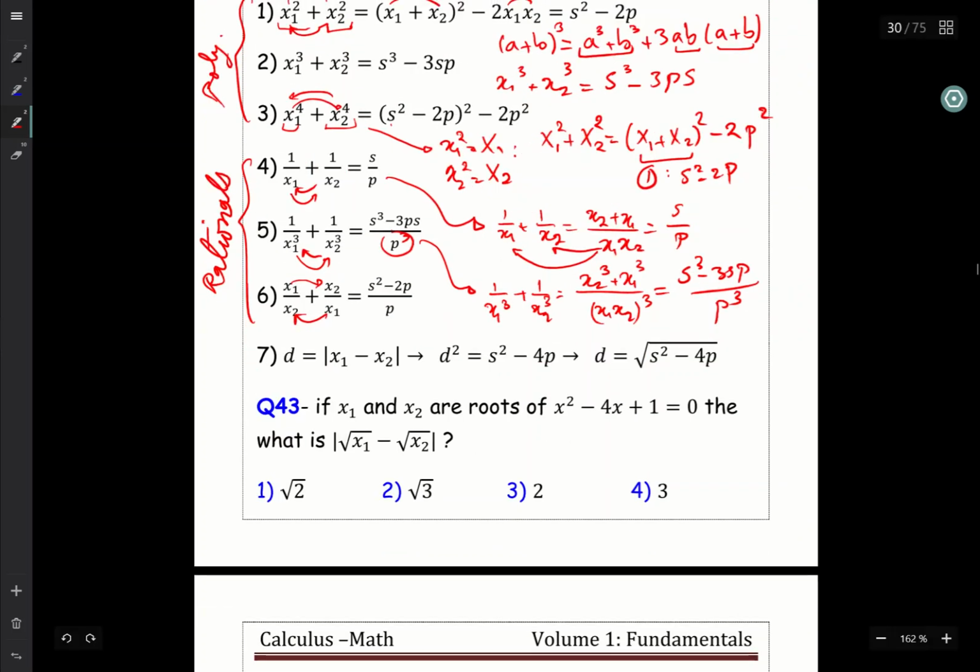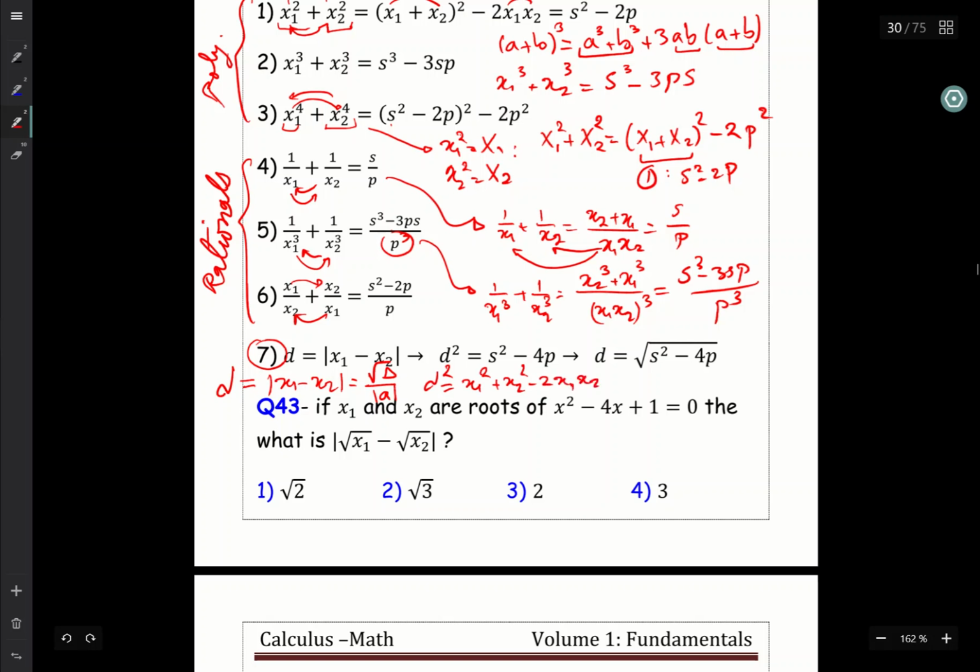And the difference. The number 7 is interesting. The difference, we already talked about it in terms of delta. If you remember, we said that x1 minus x2 is square root of delta over a. But you can also write it in terms of s and p. The way you do it, you square it. d squared is x1 squared plus x2 squared minus 2x1 x2.